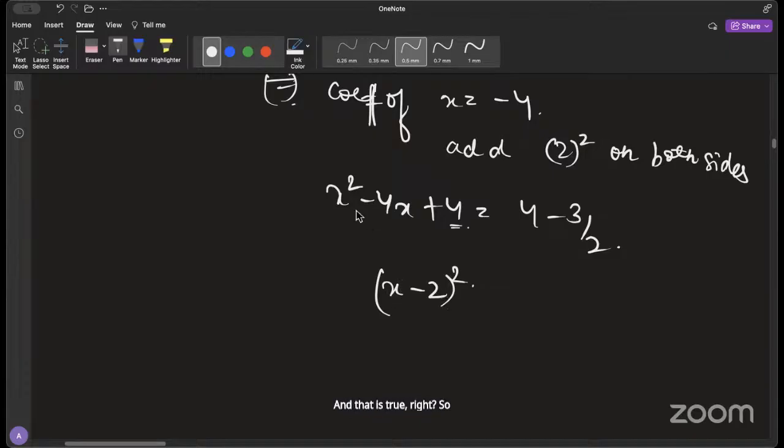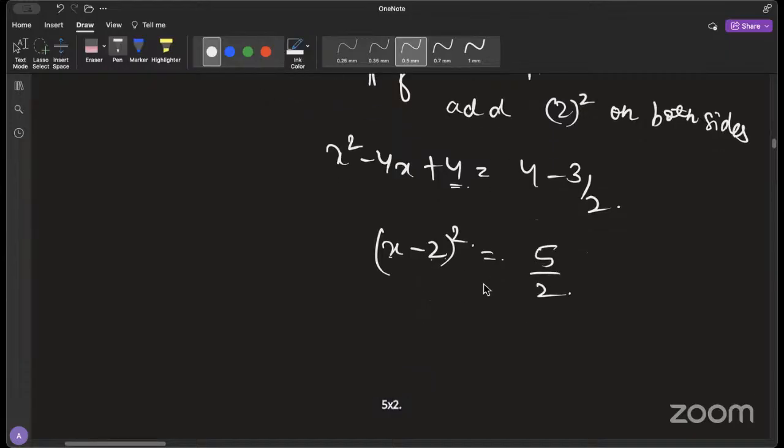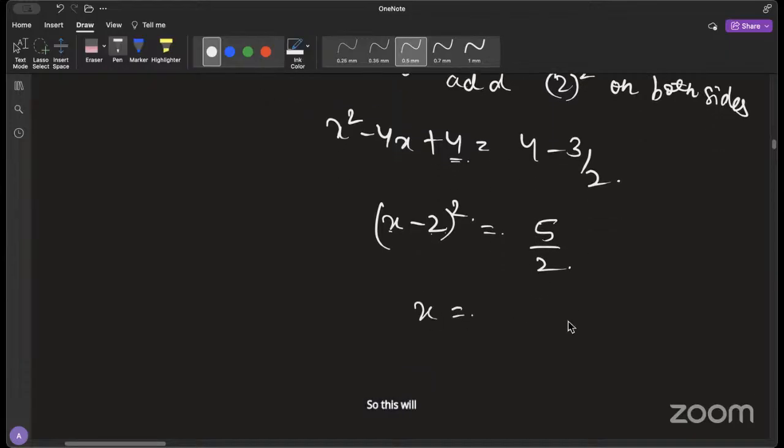So this entire thing can be written as x minus 2 square. And then this is 5 by 2. So this will give you x equals square root of 5 by 2 plus minus, and here you have 2, right? This should be your solution.